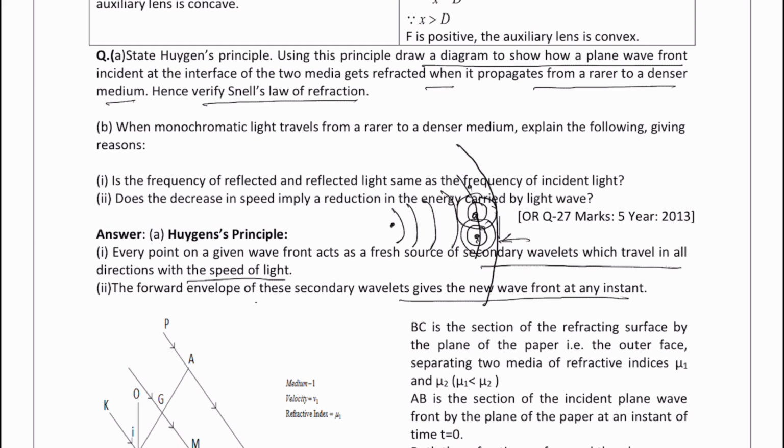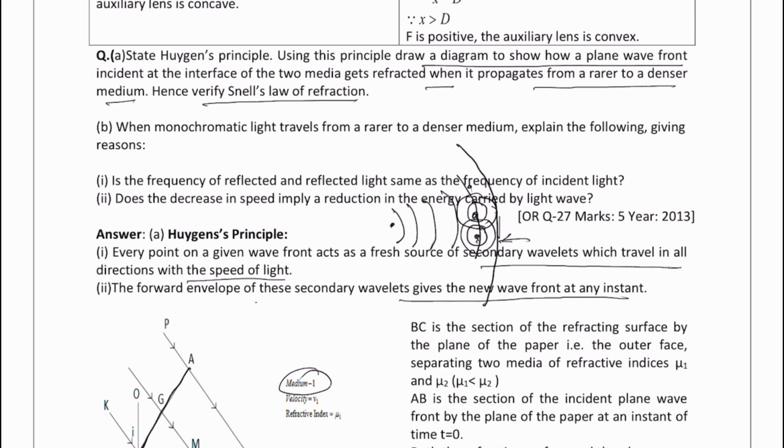Now we have to prove the laws of refraction using Huygens principle. Suppose AB is my incident wavefront. BC is the boundary of the refracting surface which separates the two media, medium 1 and medium 2.